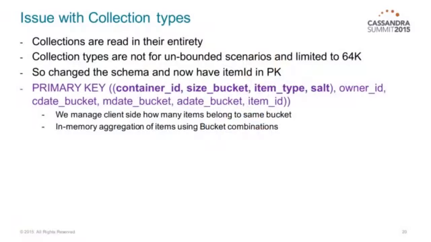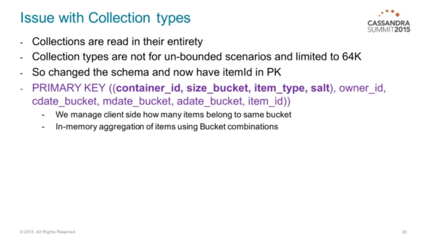Now if I want to get the total count and size for a given bucket combination, I can use the same approach. I will start enumerating, and because everything is ordered by the clustering columns, for a given value of container, size, item type and salt, everything is sorted by the rest of the columns in the primary key, which is owner and the date buckets. So till I get the same value for owner and the date buckets, I can keep on aggregating, because that tells me all these items belong to the same bucket combination.